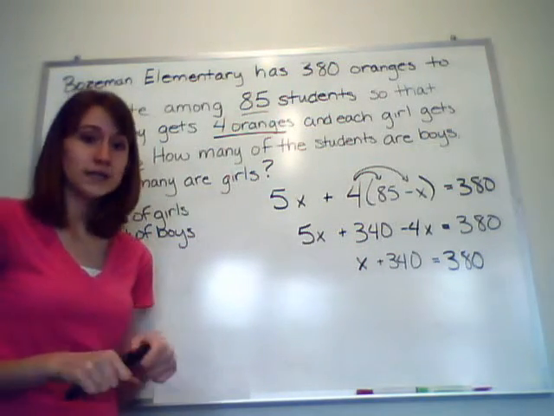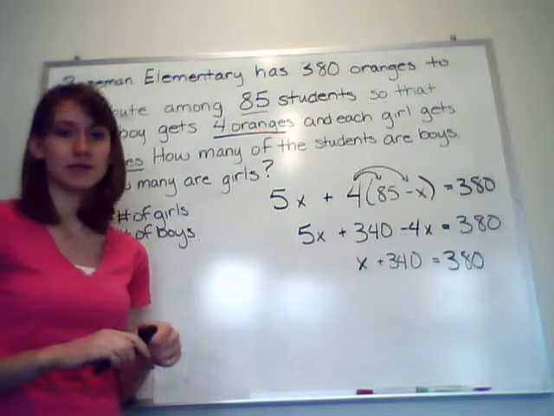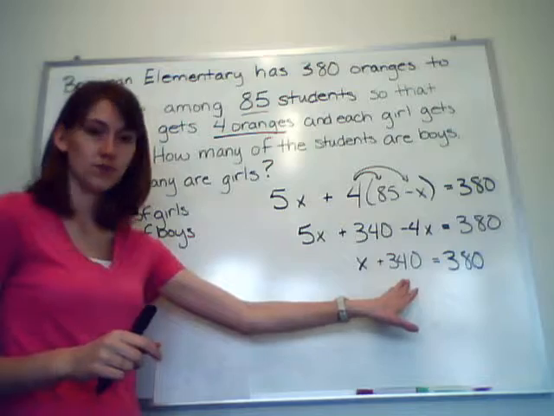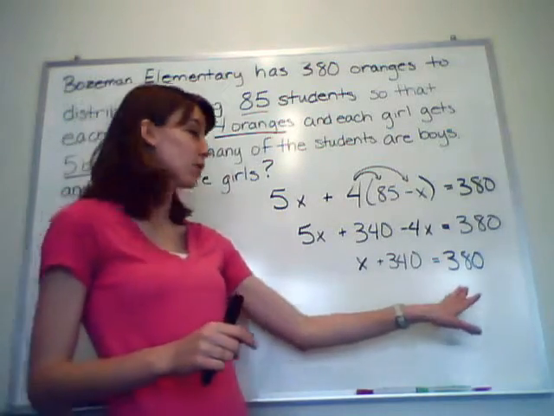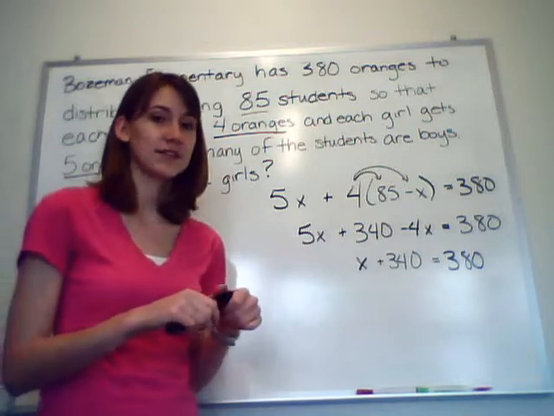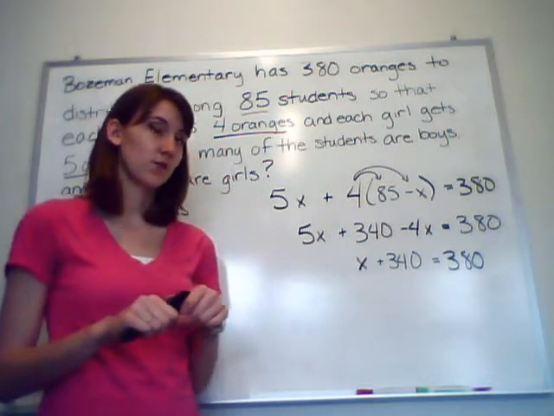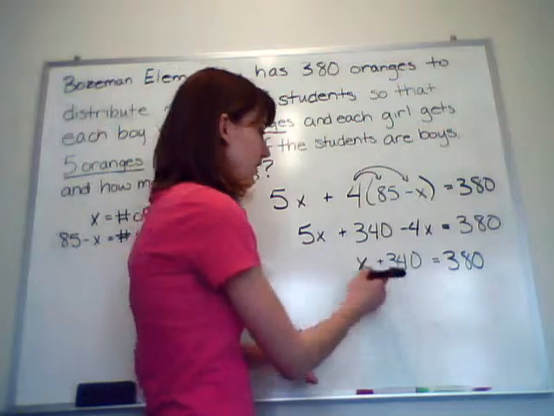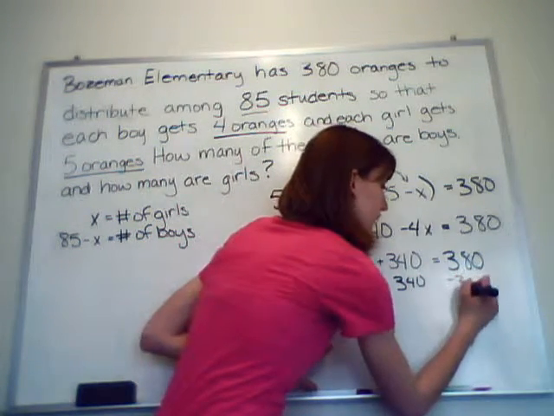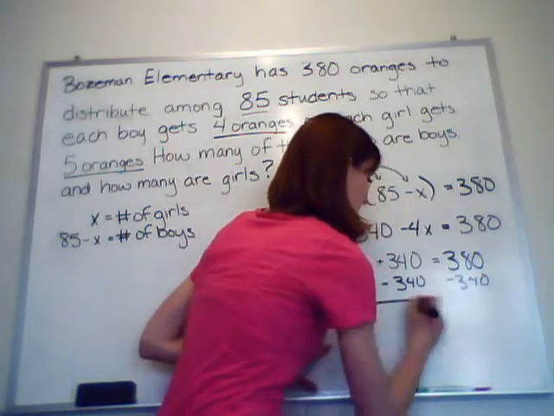Alright, so here we're almost done, but we haven't quite gotten x by itself, so we're going to keep going. And we can just take the 340, subtract that from both sides of our equation, and that will get x by itself, as well as giving us the answer for what x represents. So we're going to subtract 340, making sure to do it from both sides.